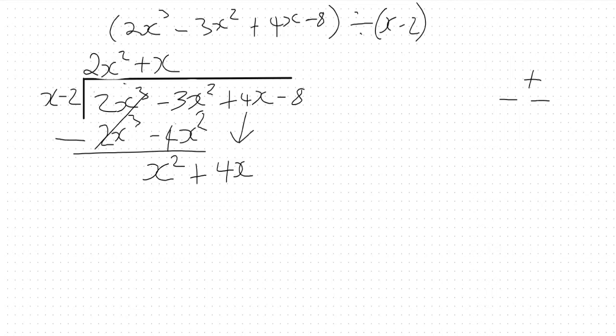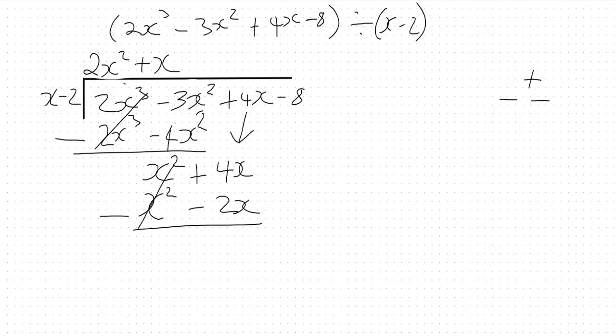And again, we're going to multiply this quotient by each of these terms here. So we will have x times x and x times -2. So x times x, that gives us back our x squared again. x times -2, that's -2x.